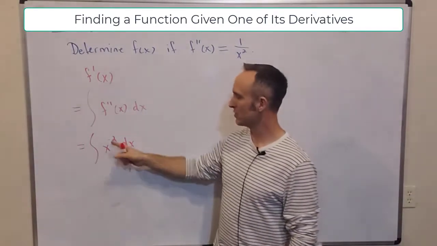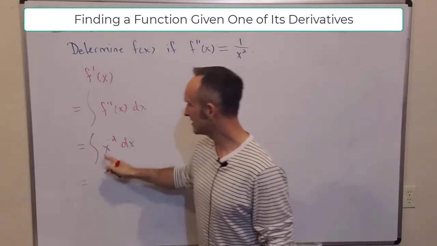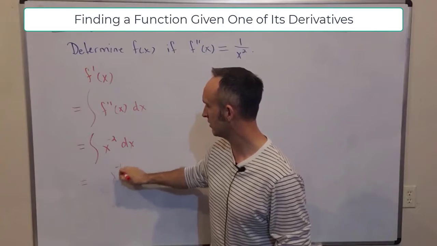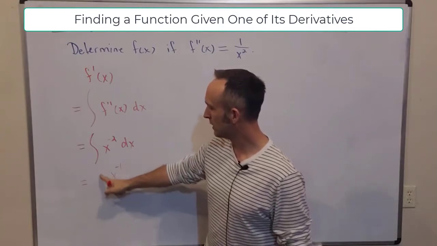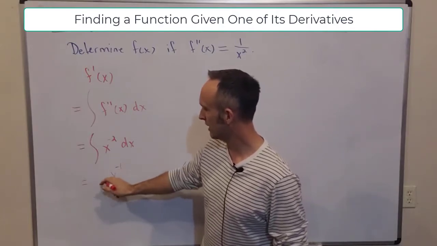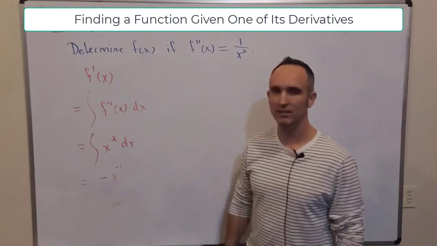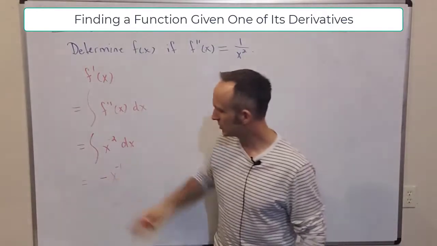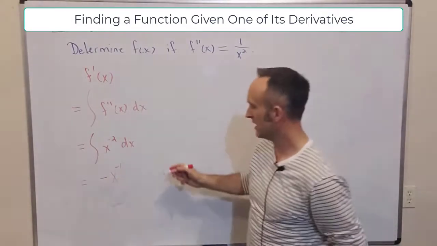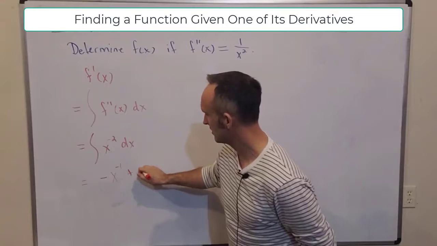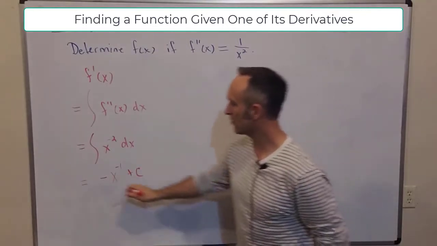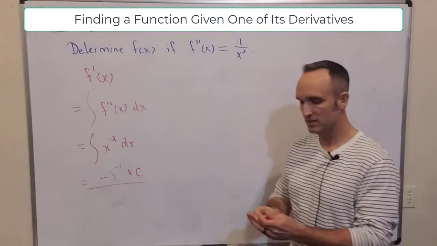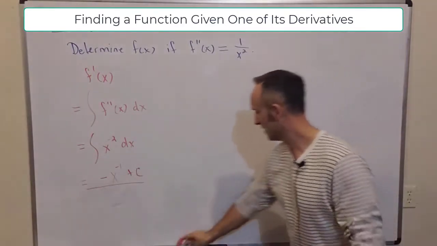Because now we just inverse the power rule. So the antiderivative of this tells us to increase our exponent by 1, so that's x to the negative 1, and then multiply in front by the reciprocal of that new coefficient, so it's just negative 1. The reciprocal of negative 1 is negative 1, so that's our coefficient, and we don't want to forget the ever-important constant c. So f prime of x equals negative x to the negative first plus an arbitrary constant.